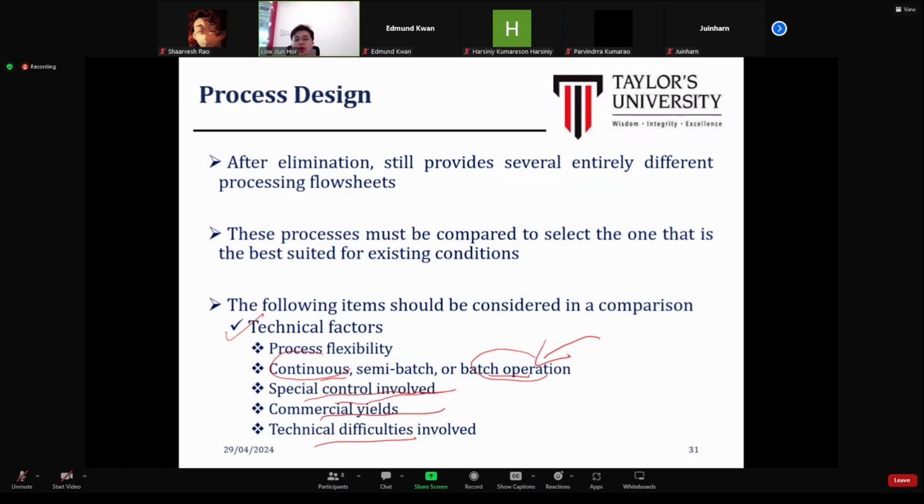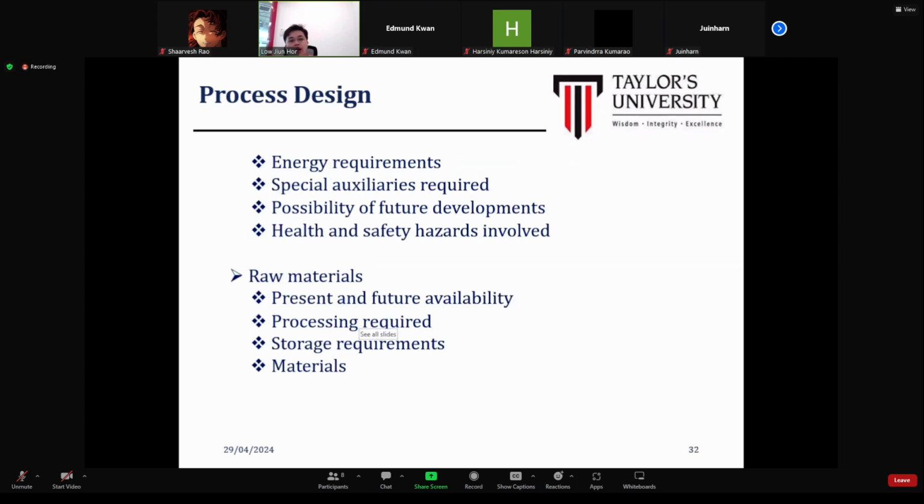All of them are considered under the big category we call technical factor. Besides that, how about the energy consumption? Different processes require different amounts of energy. Of course we will try to minimize the use of energy, so we prefer the one with the low energy consumption.